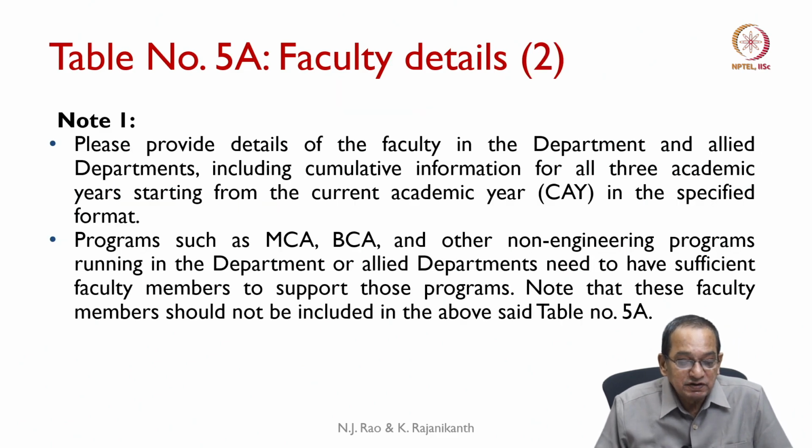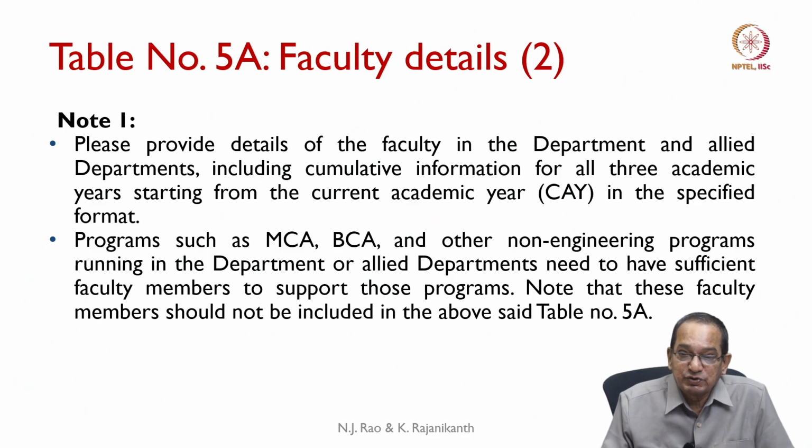These are the notes for that: provide details of the faculty in the department and allied departments. Again, this is a new feature in the new SAR that we consider not only the department, but the allied departments which we have seen under Criterion 4. So, if computer science and engineering is a department and it has an allied department, information science and engineering, the data of that department is also included.